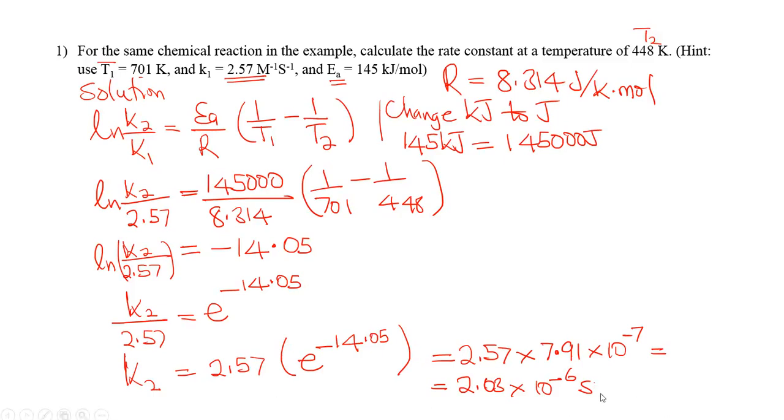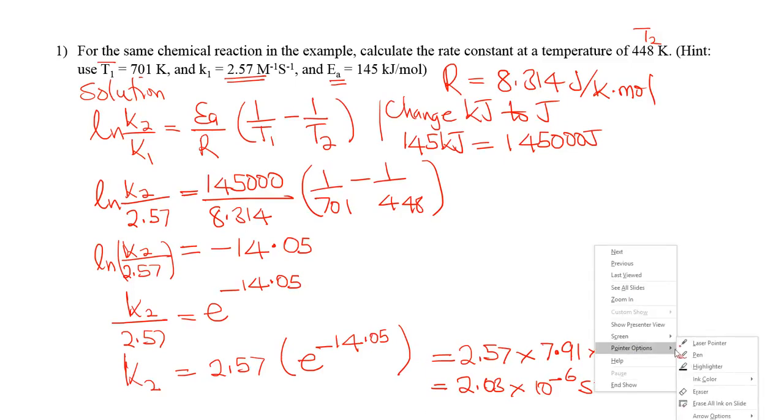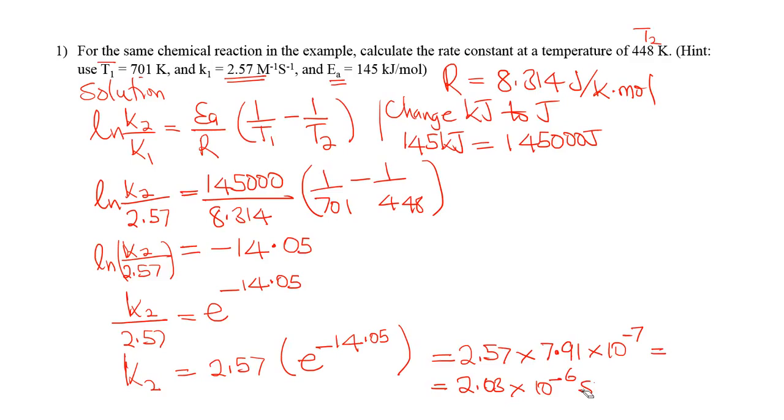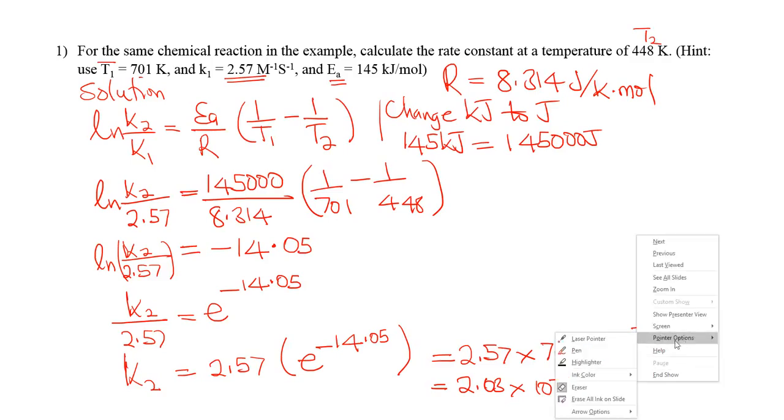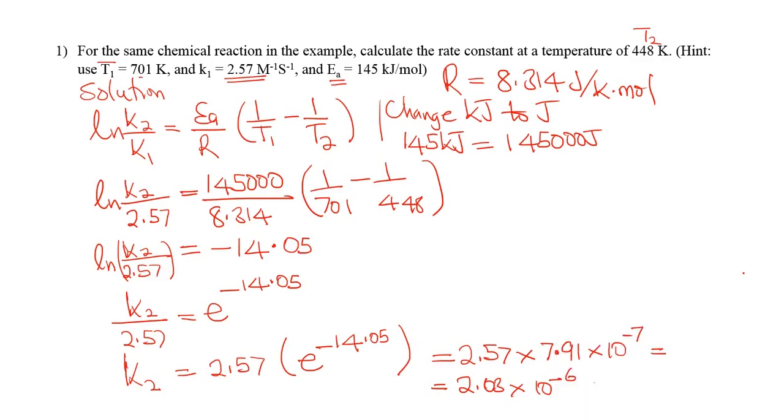So the K is 2.03 times 10 to the power negative 6 per mole per second. So the K will have the same units as this other K. So that's how we solve this type of problem.